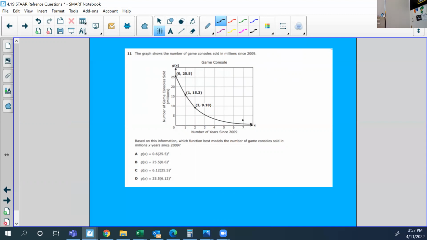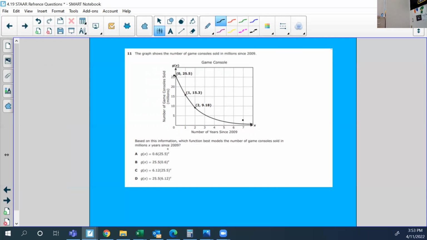But you can also eliminate your answer choices. All right. So how can we do that? Well, remember, let's look at the graph. What is the y-intercept on this graph? Well, you can see where the line crosses the y-axis, right? This is 25.